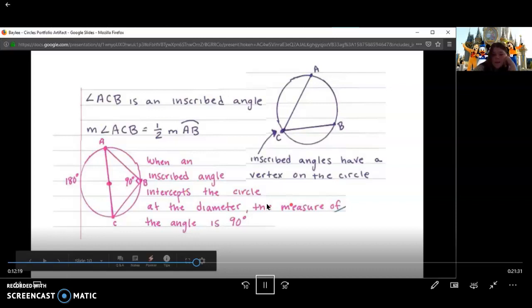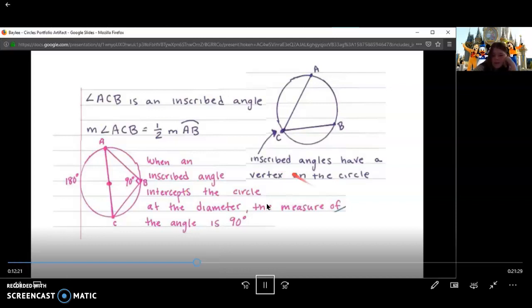And with inscribed angles, they always have the vertex on the circle, on the outside, the circumference. So over here at C, and in this picture, the vertex would be B.